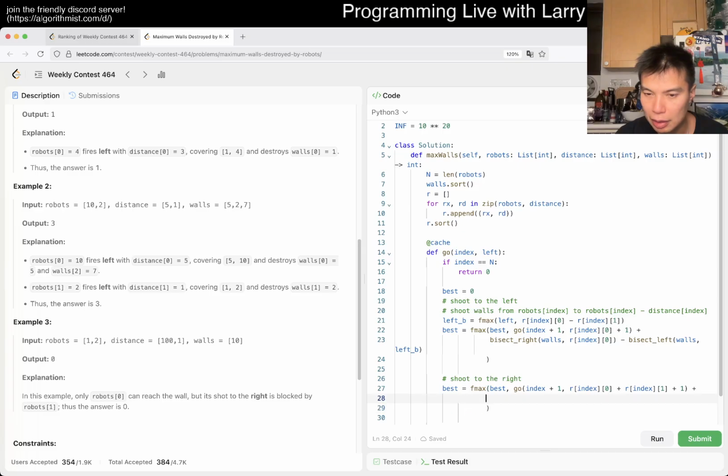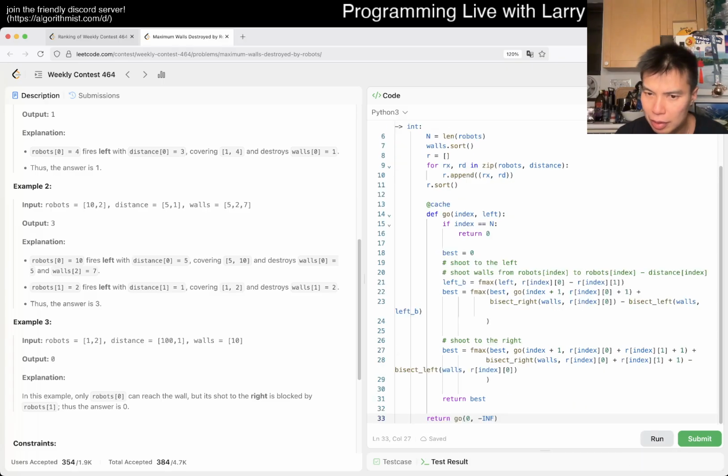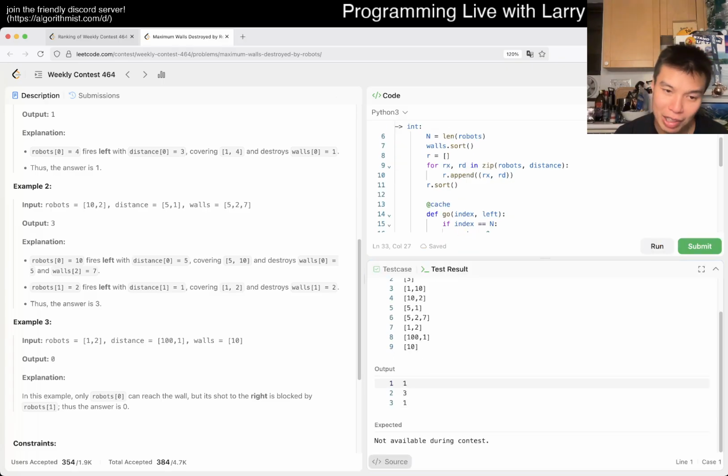And then now we can bisect. We want to go from this to bisect left of rows of index of 0, and I think we should be good. Hopefully 1 3 1. Okay, well, shooting right apparently made this no good.